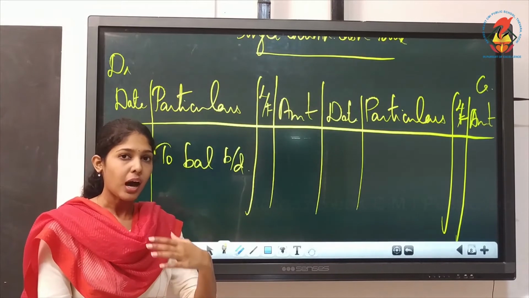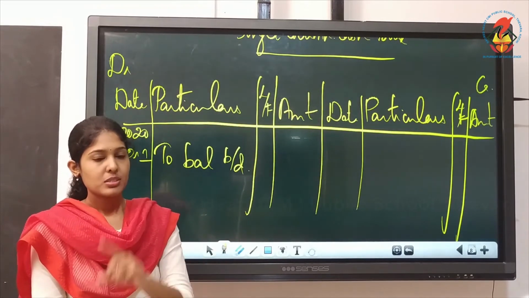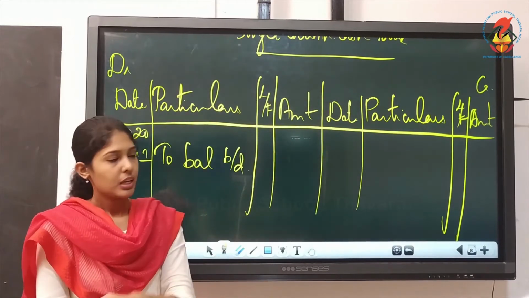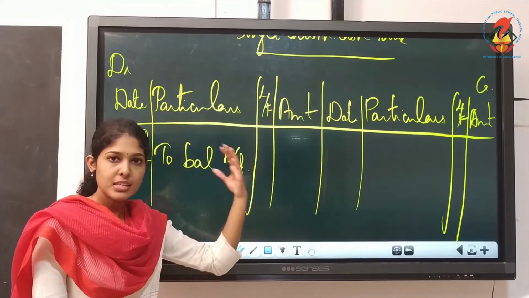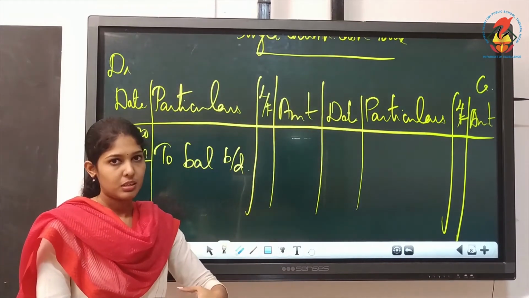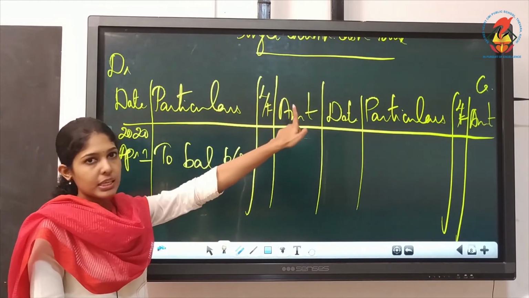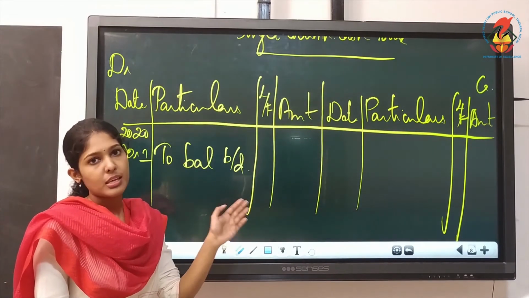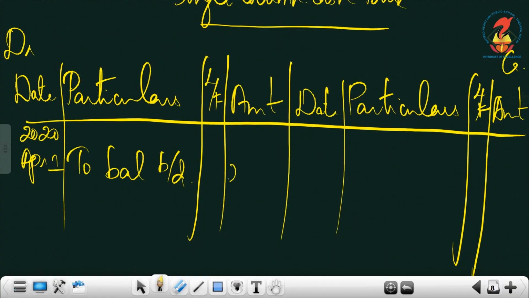So from the last month we are taking it to this month. That is why it is written as balance brought down. And it must be written on the debit side because cash is always having a debit balance, because it is an asset. So to balance brought down, it is 25,000.